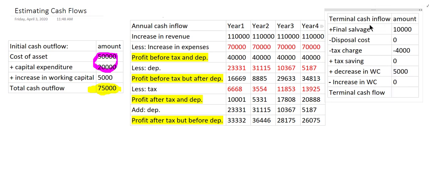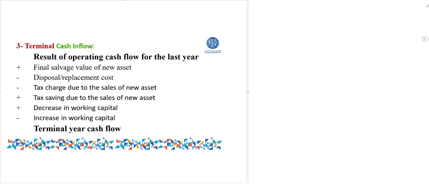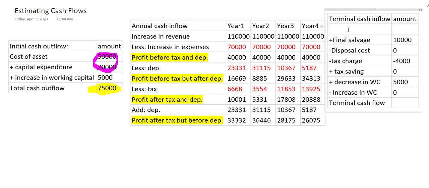Let me insert a column here, above this one. One column should be added here basically for what was the name of the proper content? Result of operating cash flow. Okay, you just mention it.